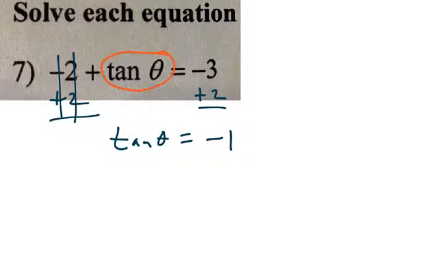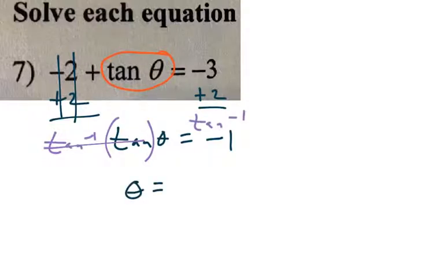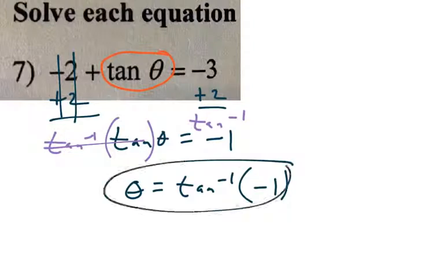So we can now solve for theta. All we have to do is a tangent inverse, because on tan they cancel out. Once I do a tangent inverse on both sides, my angle theta has to be whatever the tangent inverse of negative 1 is.